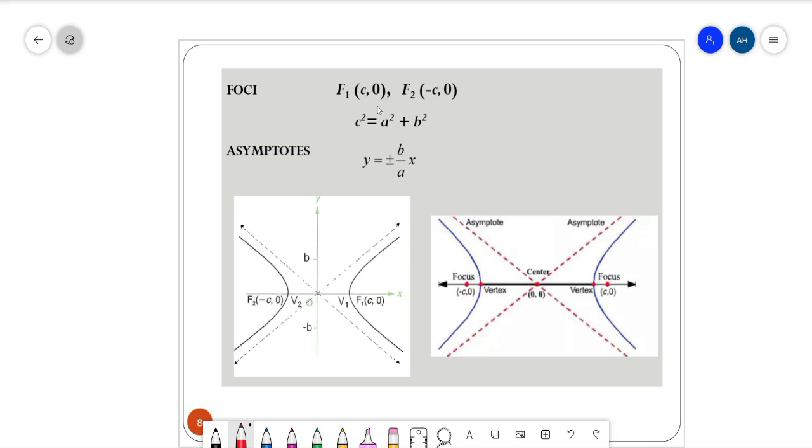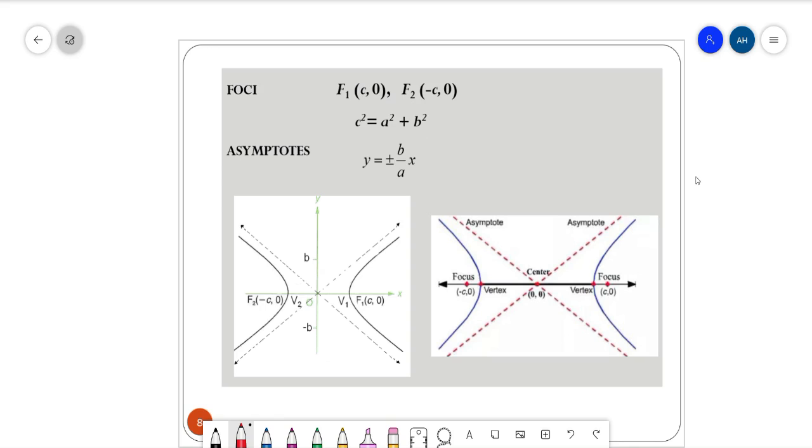We can get c from this equation: c square equal to a square plus b square. This is like the formula for Pythagoras theorem, right? So c square equal to a square plus b square, then we can find the c from here. Once we have that c, the coordinate of f1 will be c, 0.